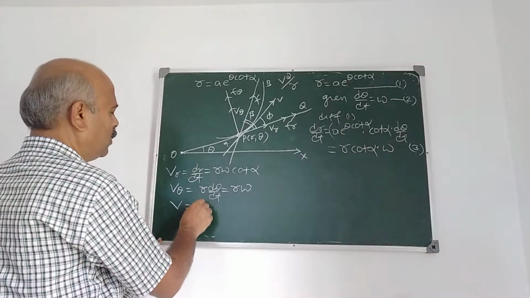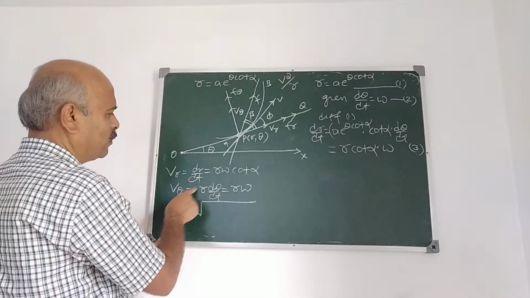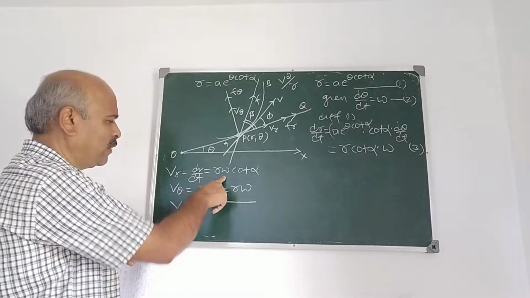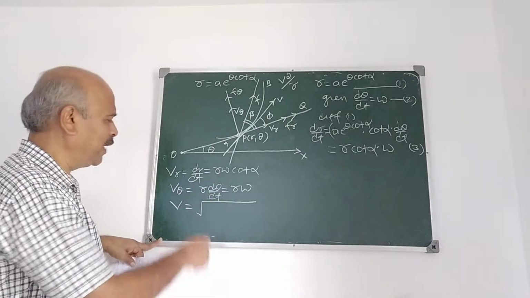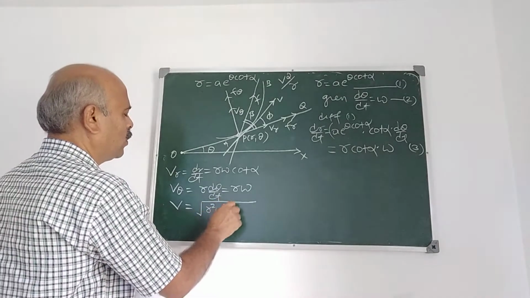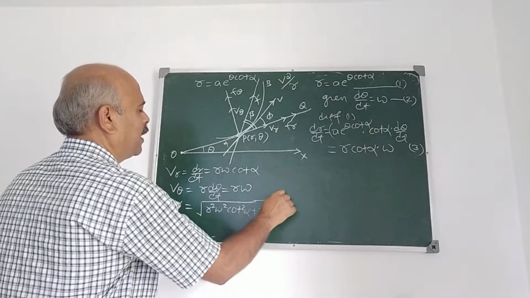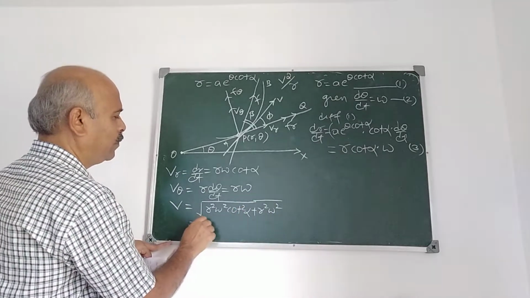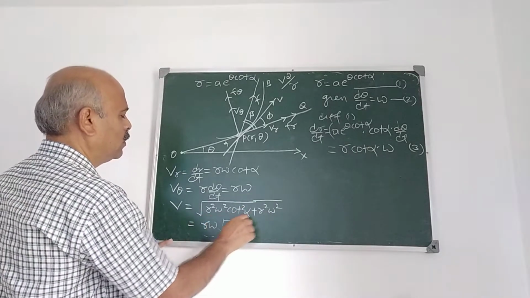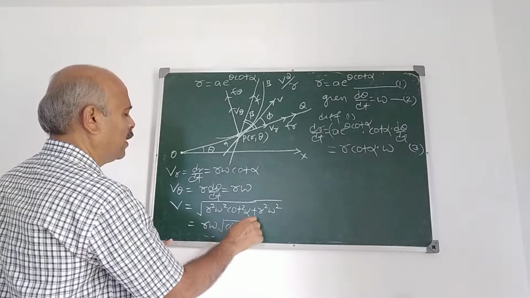Now, we have taken v as the magnitude of the velocity. What is v? It is the square root of vr square plus v theta square, the square root of radial velocity square plus transverse velocity square. That is the square root of r square omega square cot square alpha plus r square omega square. It is therefore r omega into the square root of cot square alpha plus 1.